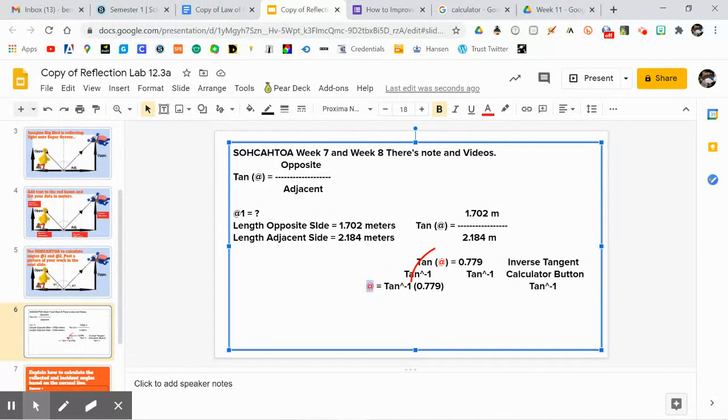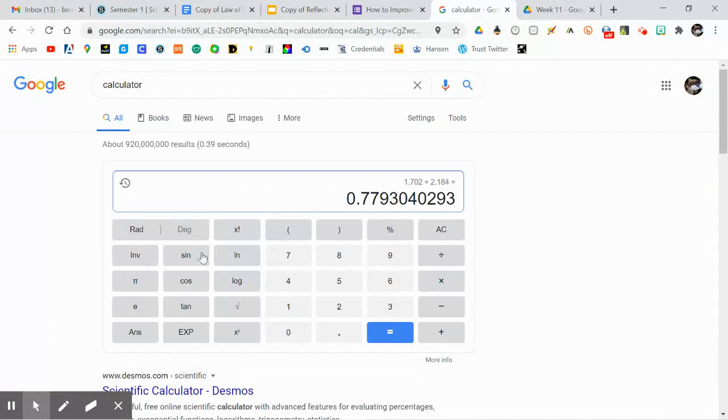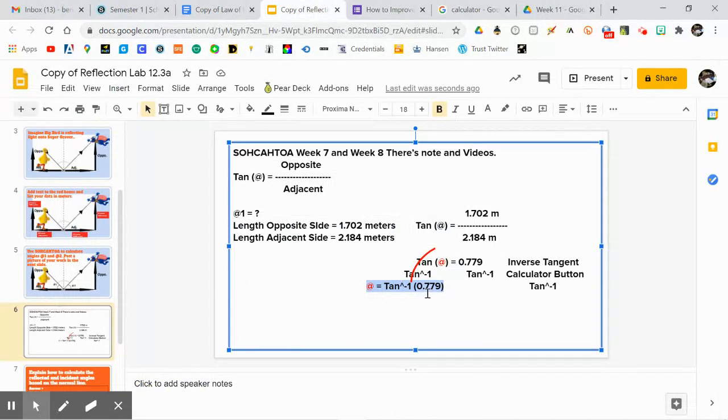And so now I'm gonna plug this into my calculator. Everybody. Okay, and I'm gonna go to my calculator. And I'm gonna make sure that it is on degrees. Okay, and if you see this button, this is INV, or inverse, and I'm gonna click on that. And look at that. There's the tangent to the -1. So now I'm gonna click on that, and I'm gonna say, okay, 0.779.